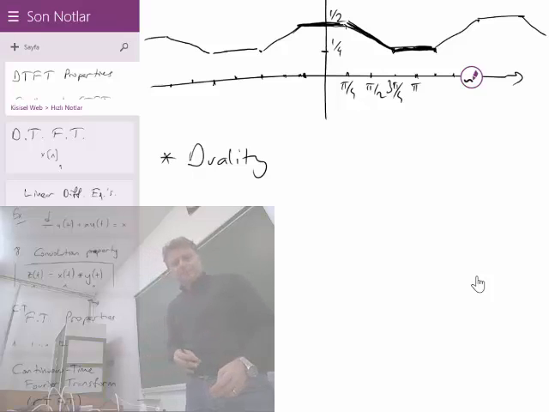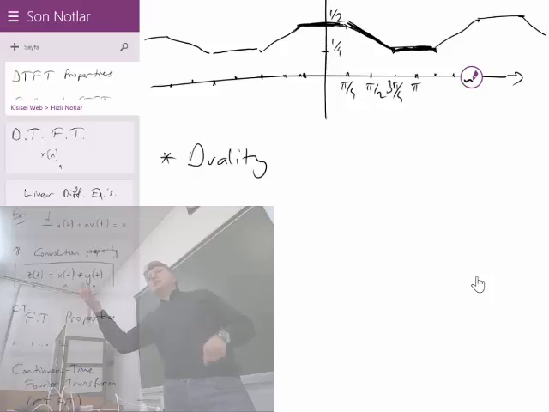Duality is one of them, and as you see, you don't really have a duality in the discrete time Fourier transform, because the signal is discrete time, its Fourier transform is continuous. So when you take the continuous signal in the Fourier domain as a time signal, then it's a continuous time signal whose Fourier transform will not be discrete. So what's going on? One domain is incompatible with the other domain.